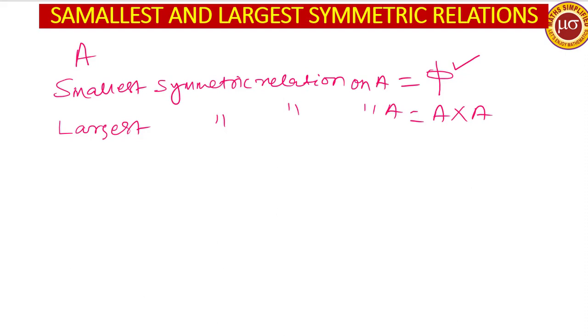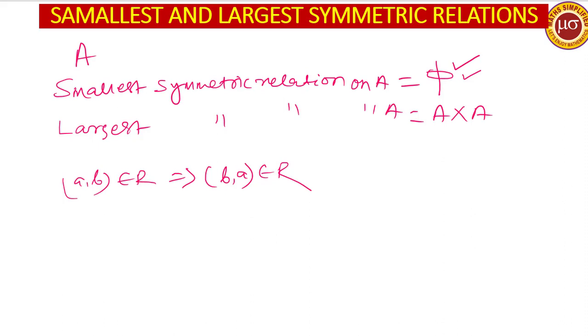If (a,b) belongs to R implies (b,a) belongs to R. Now, here phi does not contain anything. Means if (a,b) is there, then (b,a) is there. So as it does not contain anything, it is automatically symmetric.